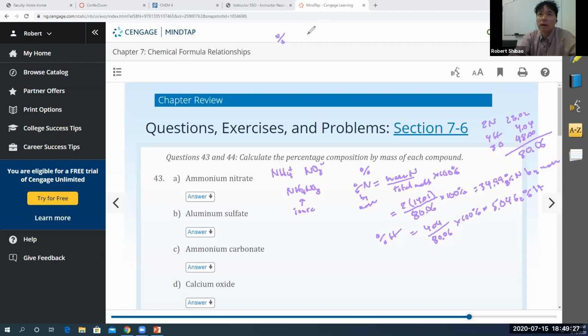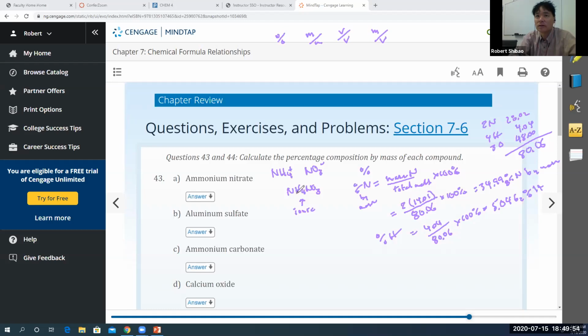Percentages aren't always by mass. M over m is the mass of component A over total mass. We have v over v, volume percent, where we have the volume of component A over total volume. Sometimes we have a mix, mass over volume. A mixture consists of different components, a mixture of atoms or a compound.